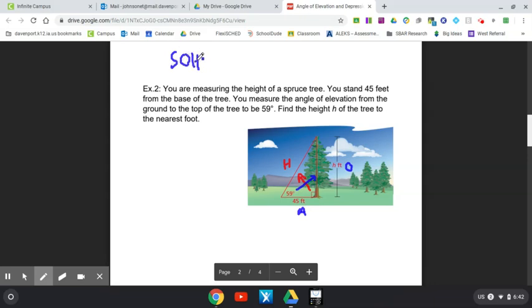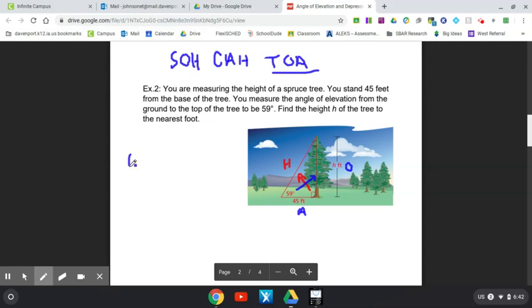So I know for SOHCAHTOA, it can't be sine, it can't be cosine. It has to be our TOA, tangent.